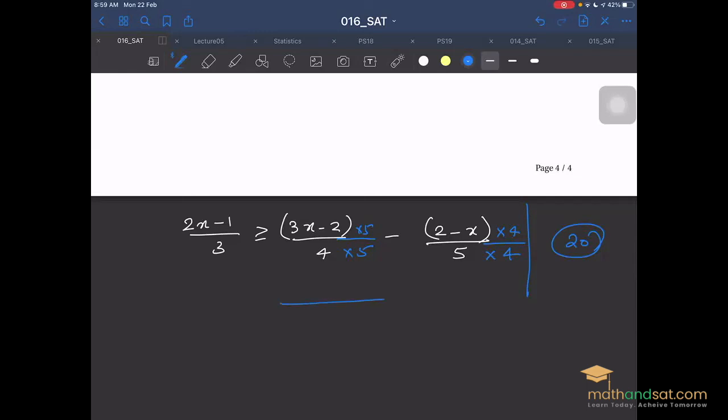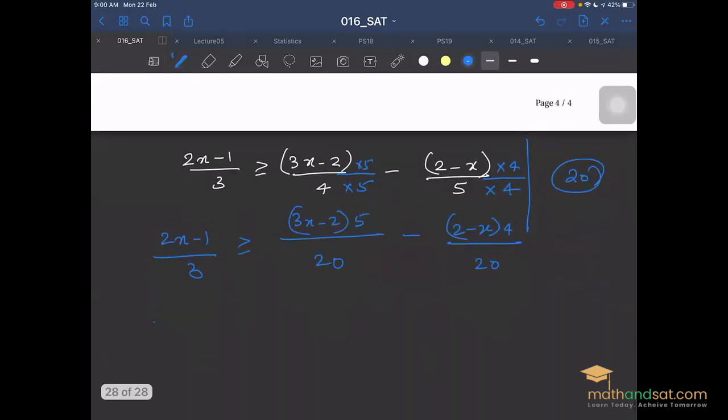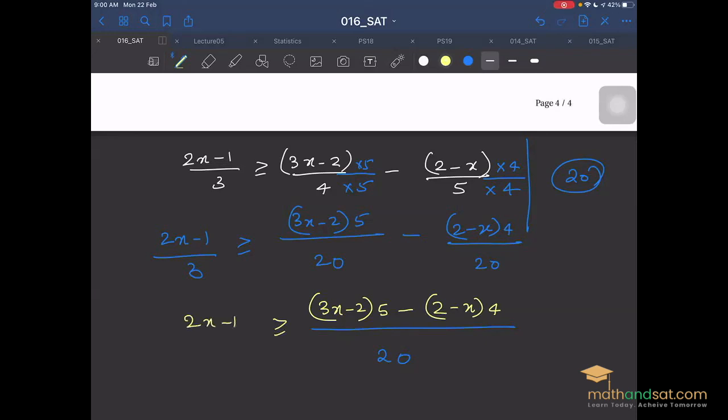So what happens? The denominator here becomes 20. This is (3x minus 2) times 5, minus this becomes (2 minus x) times 4, and we have 20 in the denominator. So the common denominator becomes 20, and in the numerator we have (3x minus 2) times 5 minus (2 minus x) times 4, greater than or equal to (2x minus 1) by 3.